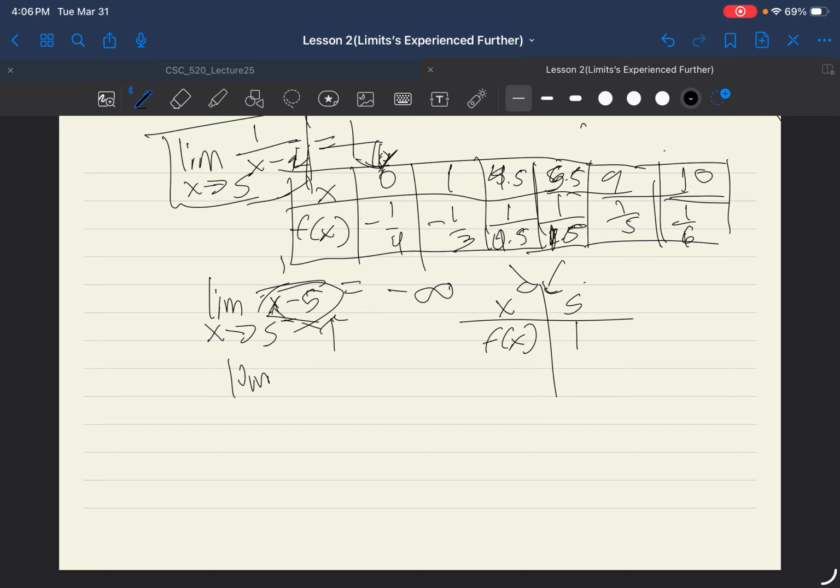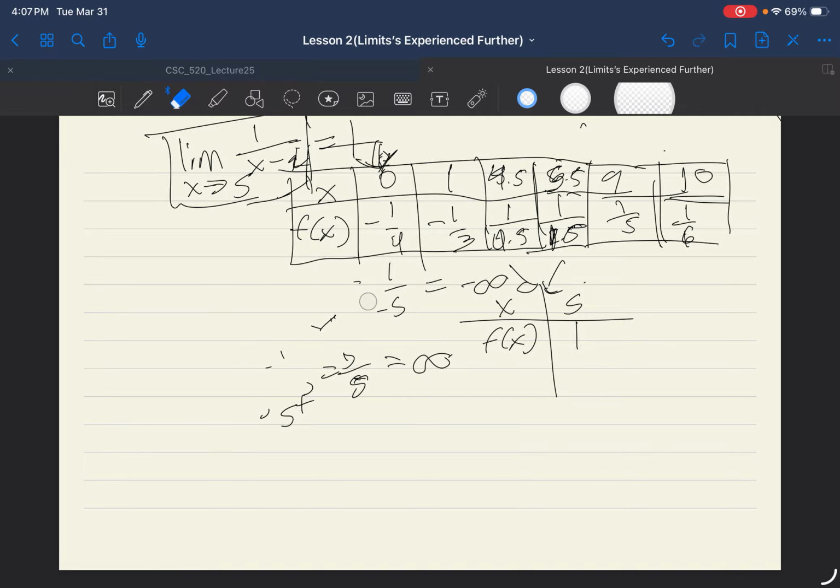We'll call it s. So 1 over negative s will be negative infinity. Same thing on the positive side, except from the right side it will be 1 over s, that positive small number, which will lead to infinity.